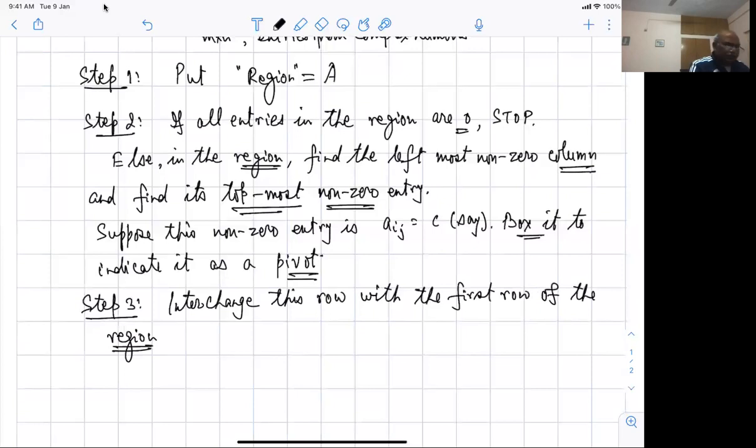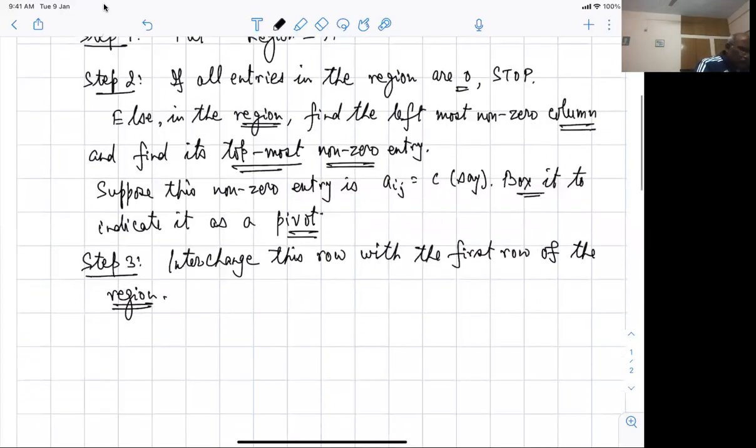Now this column, the jth column, is your pivotal column. If you remember, each pivot is supposed to be 1, so you need to multiply by 1 upon C.